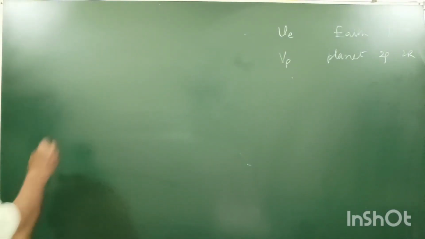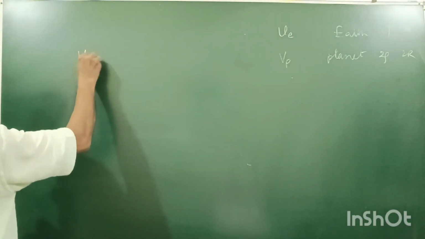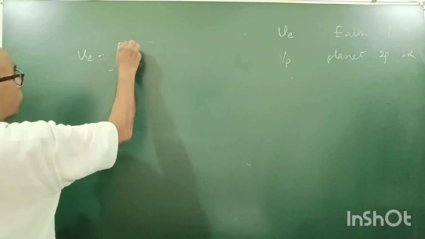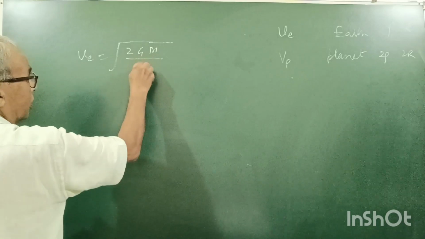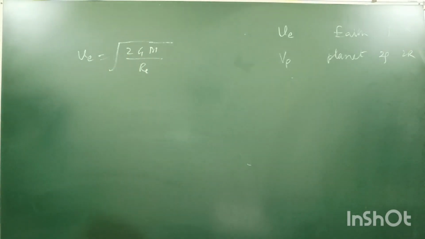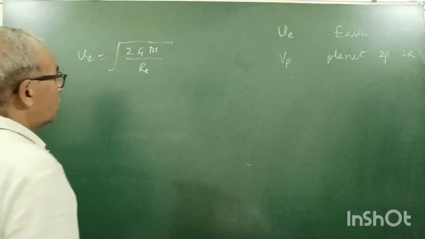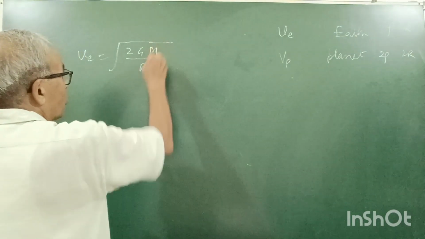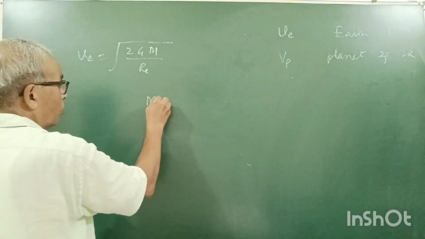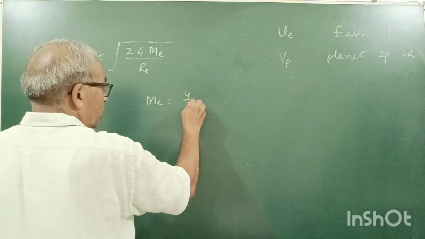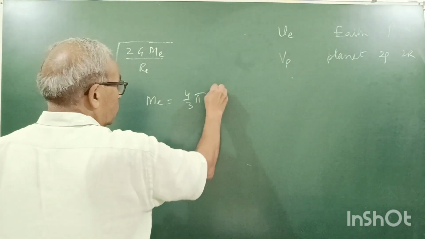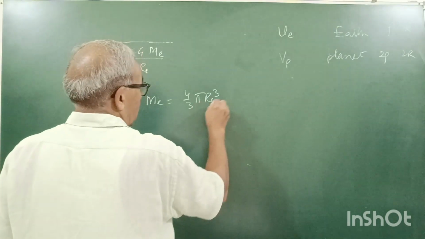You know escape velocity VE is under root 2 GME upon RE. Now you need mass in terms of density. Mass of Earth ME will be 4 by 3 pi RE cube into rho.